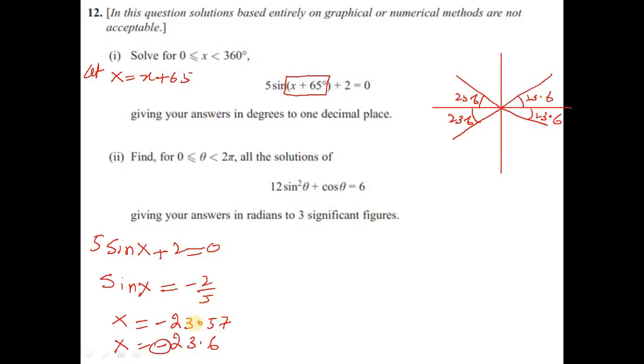And how do we do that? We go back to the actual equation from where we got this angle. So sine X is minus 2 by 5. Sine should be negative, and we know that sine is negative in the third and the fourth quadrant.